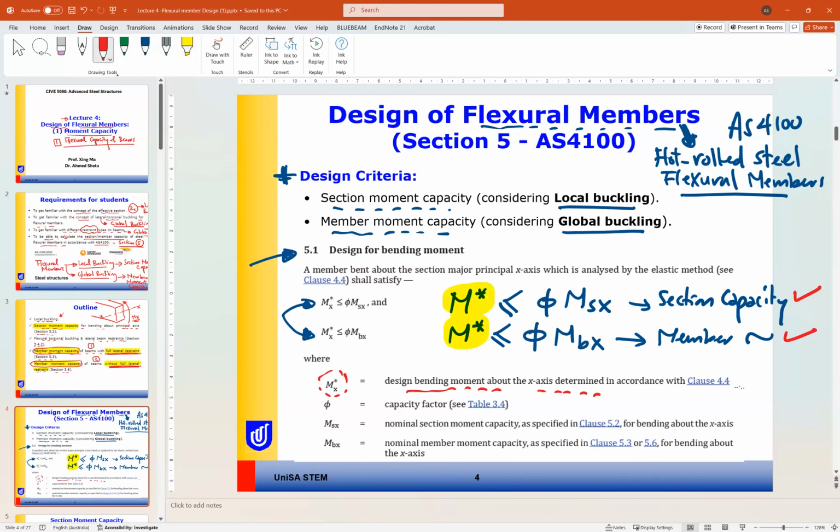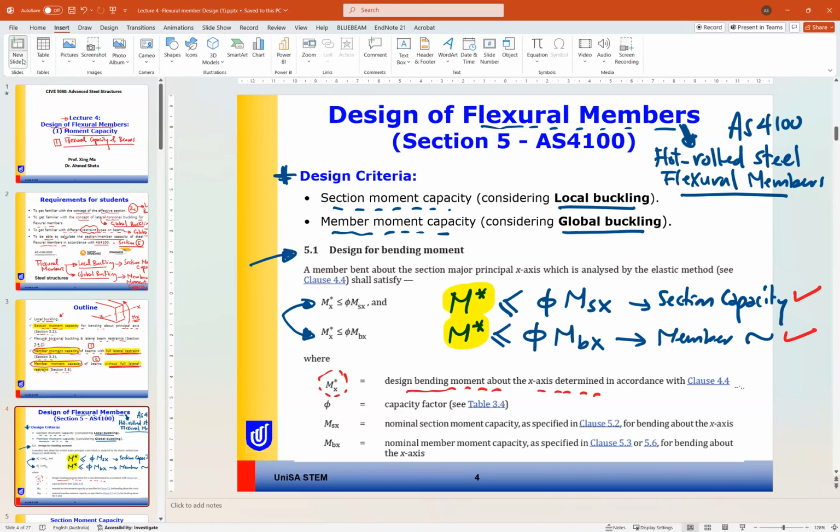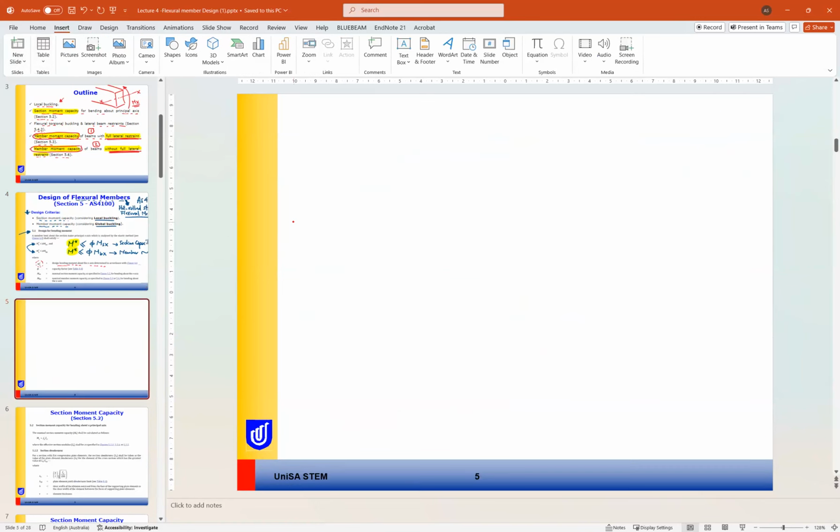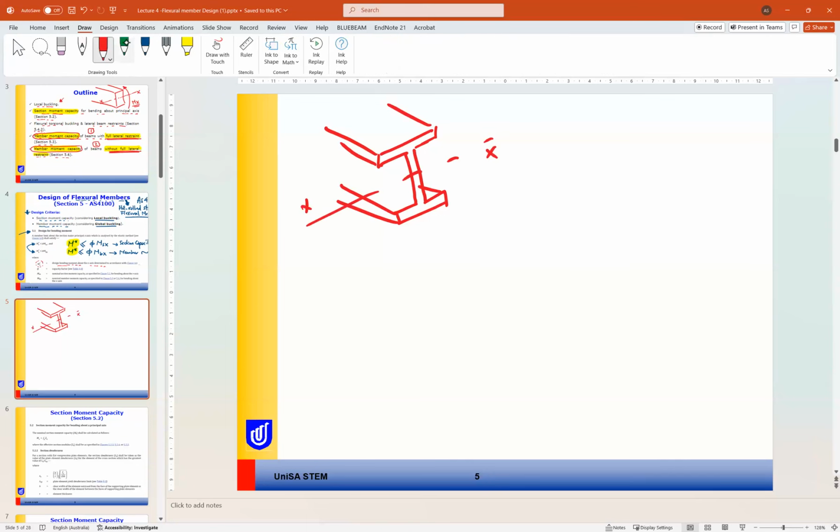So as we mentioned earlier, our focus in this part is design of beams like I-beam, like this one, subjected to Mx.